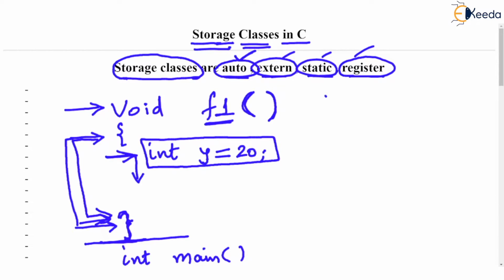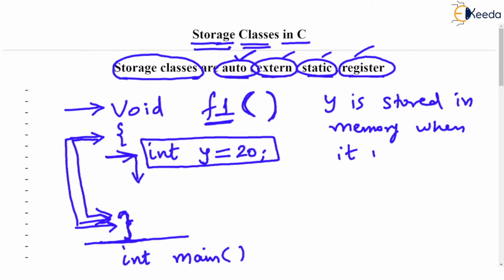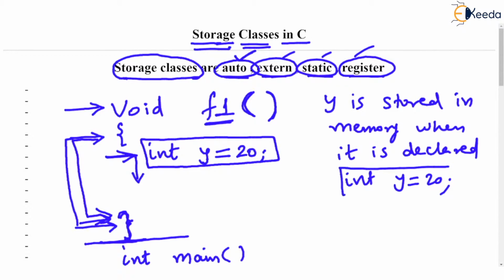We say y is stored in memory when it is declared. That declaration line was int y equal to 20. Due to this, y is there in the memory and it is using some space, some bytes of the memory.